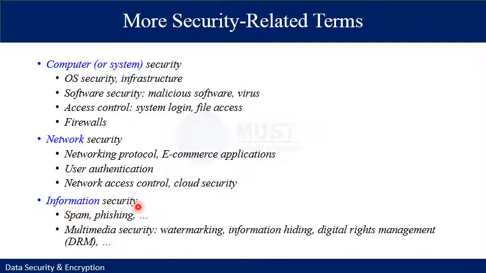And most importantly, information security deals with the spamming of messages or emails, phishing sites, unwanted advertisement, and multimedia security, especially securing your content with watermarking, such as images or documents, and information hiding from one form to another. You must have seen this kind of thing in digital image processing and digital rights management, that is, who owns the actual content of the document.